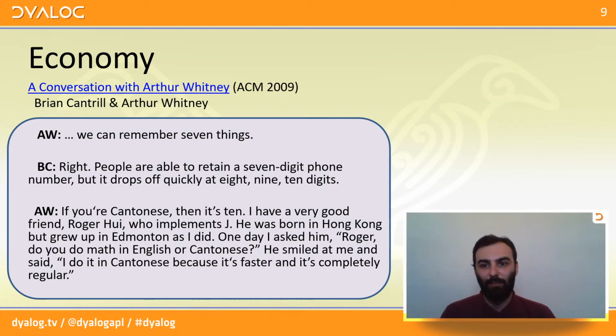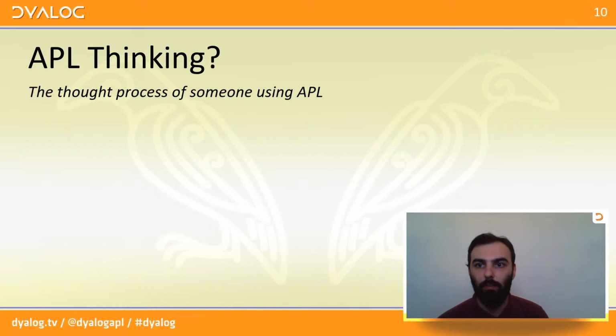And then this other anecdote about if you're Cantonese, it's 10, and Roger Hui preferring to do maths in Cantonese because it's faster and more regular, which I think is really interesting. But I obviously hesitate to use this as solid evidence that APL is somehow better than other languages, even if that turns out to be true. So that's kind of framing the conversation.